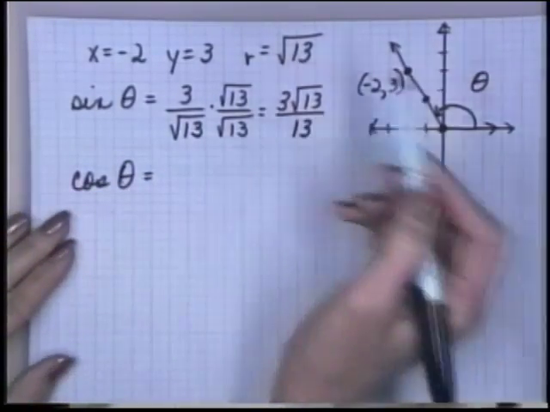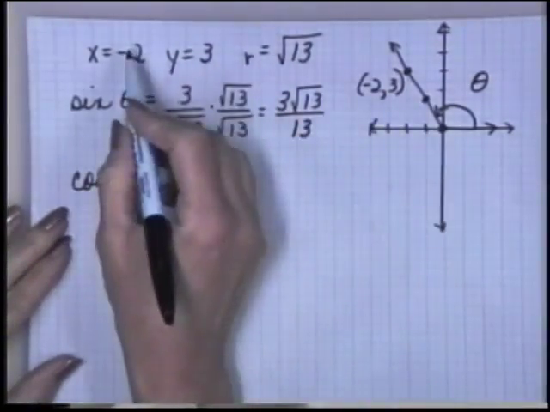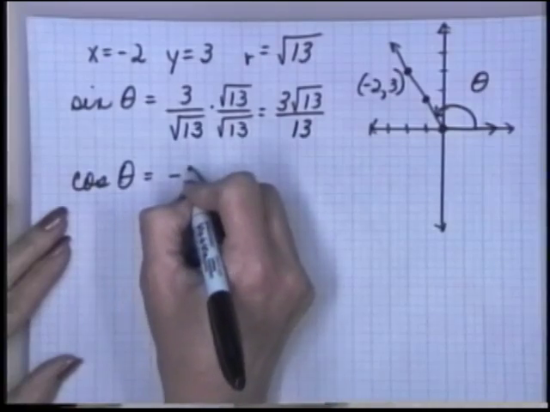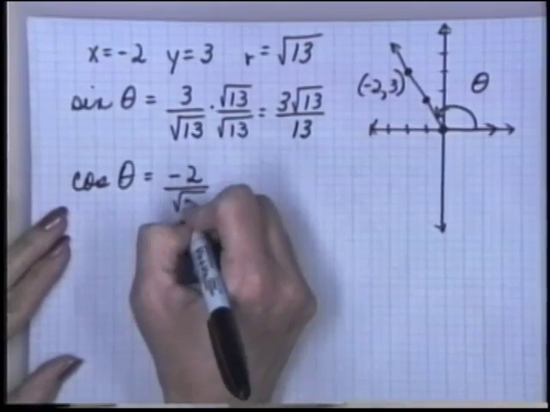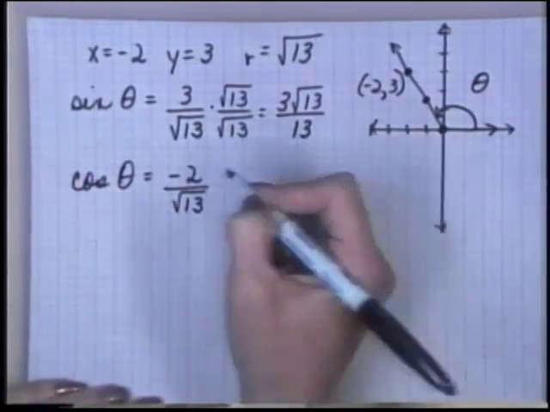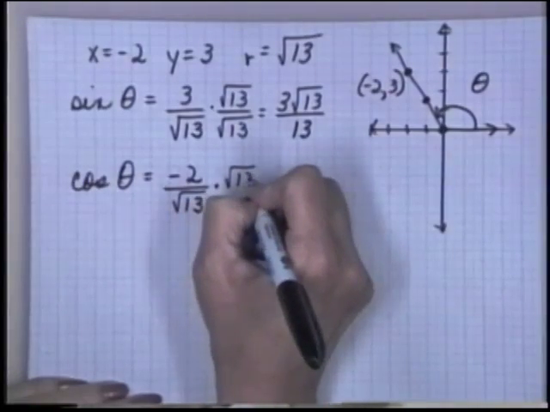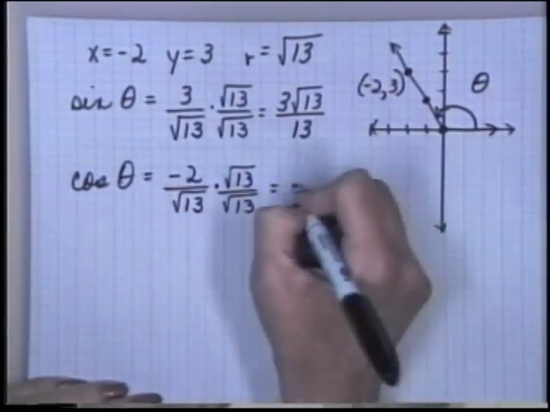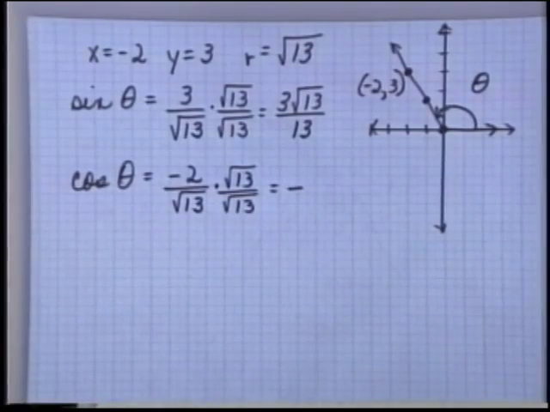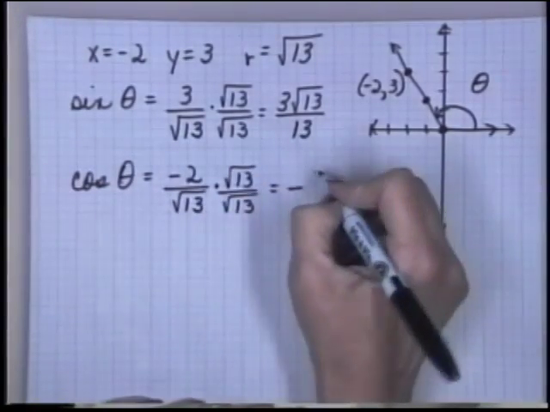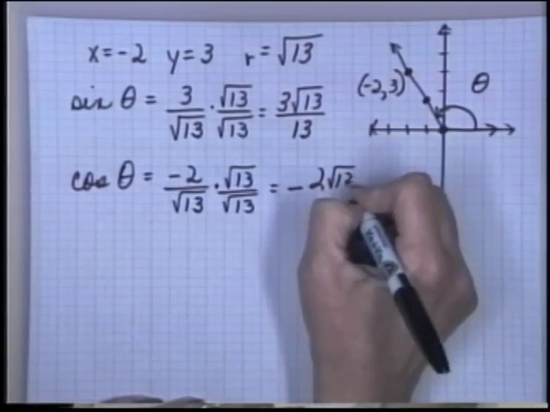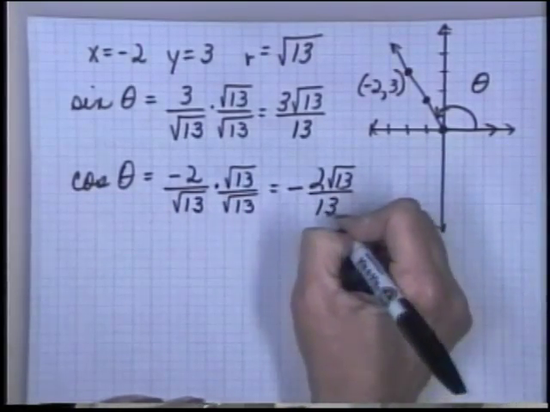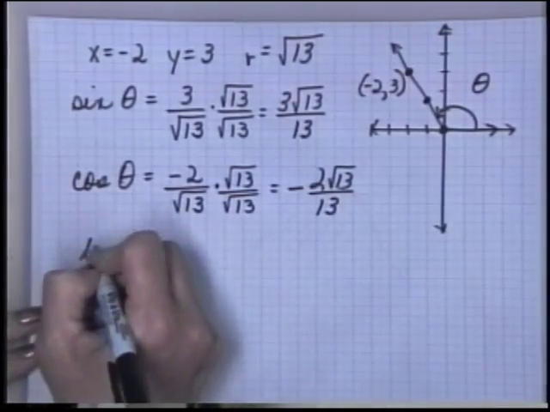For my cosine of my angle theta, I'll have x over r. Once again, I get to rationalize. Let's bring that negative out in front, and let's say numerator is 2 times the square root of 13, denominator is 13.